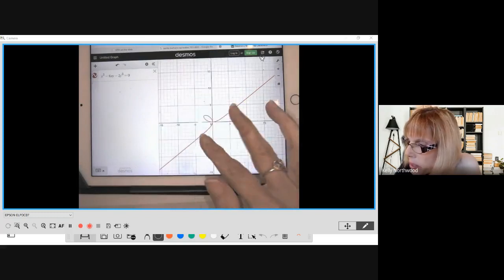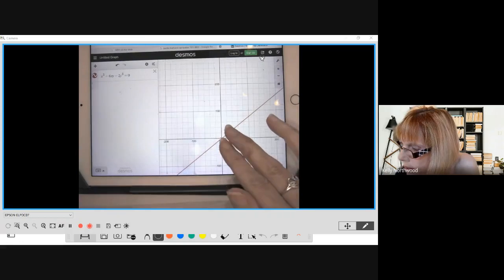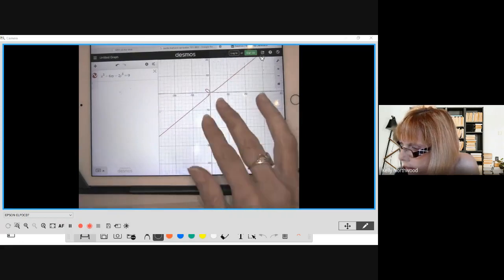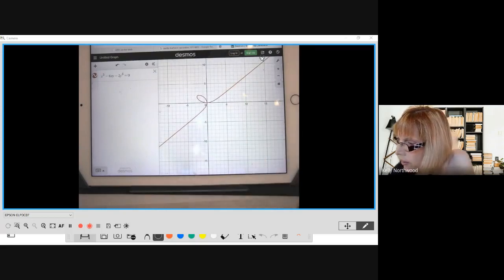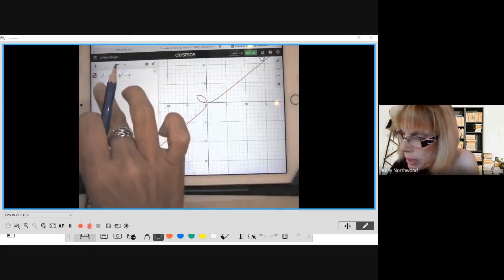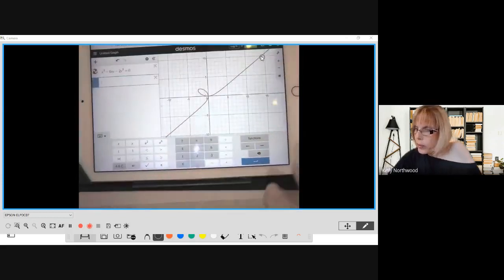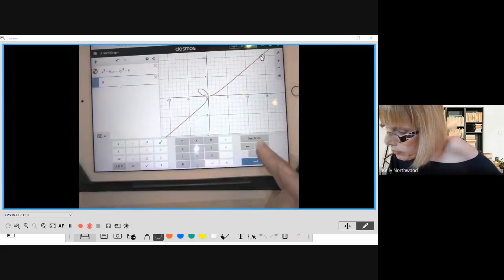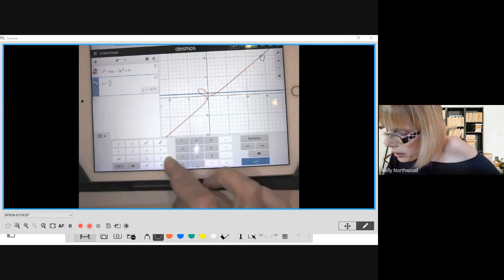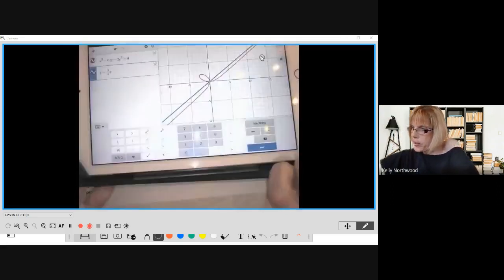And we want to know the point (4, 2). So if I drag back so that we can see where (4, 2) is. Here we go. So 1, 2, 3, 4, 2. And then we'll type in our equation of our tangent line, which was y equals 3/4 x minus 1.